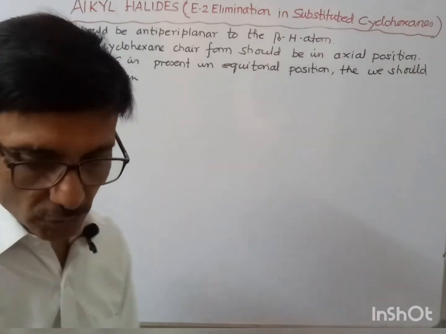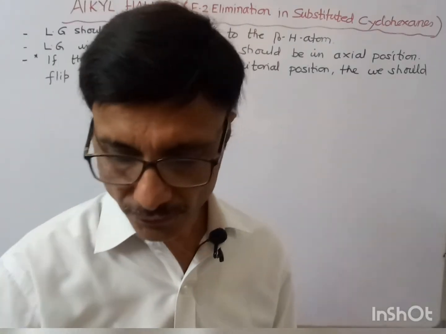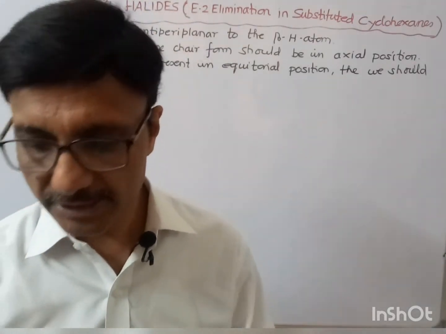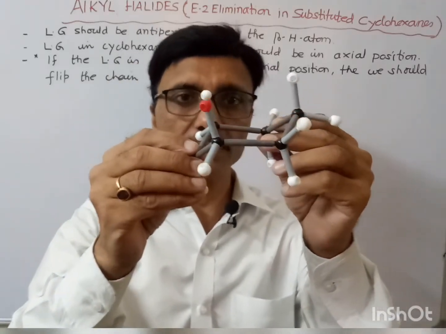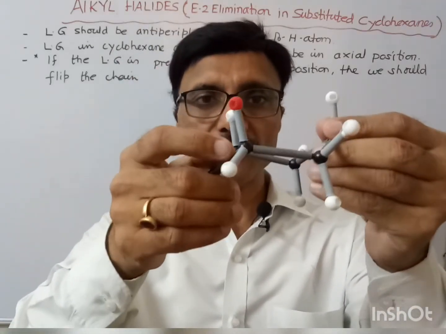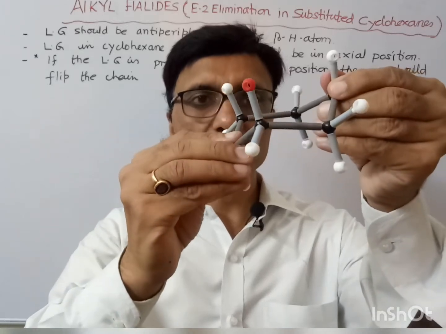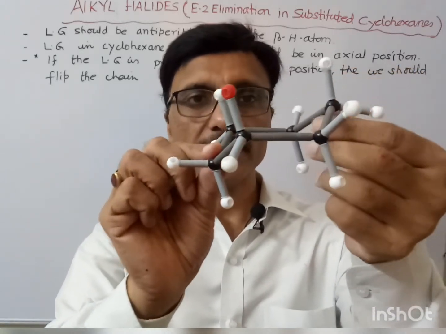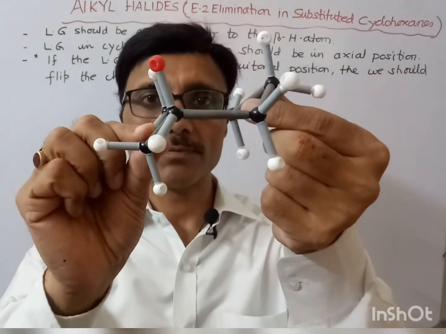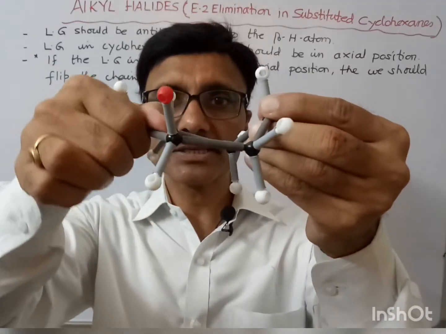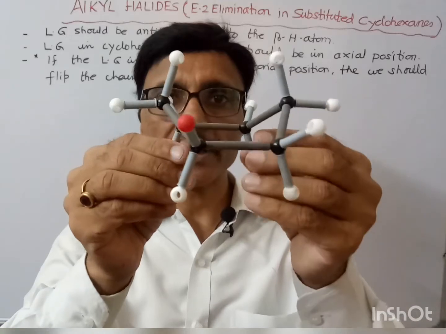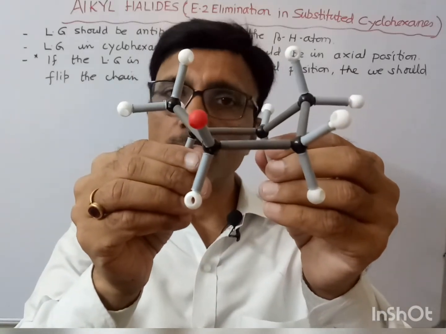Suppose we have this model of cyclohexane. You can see this cyclohexane is in chair form, and now it is coming into the boat form.